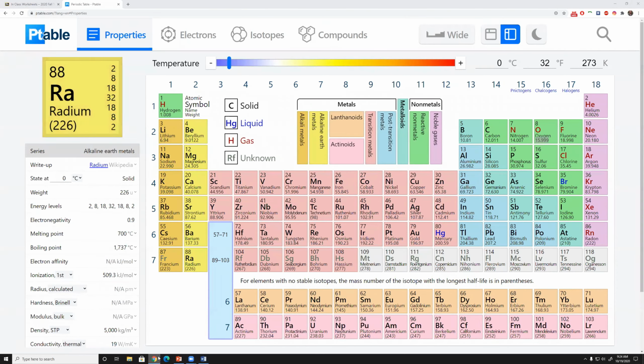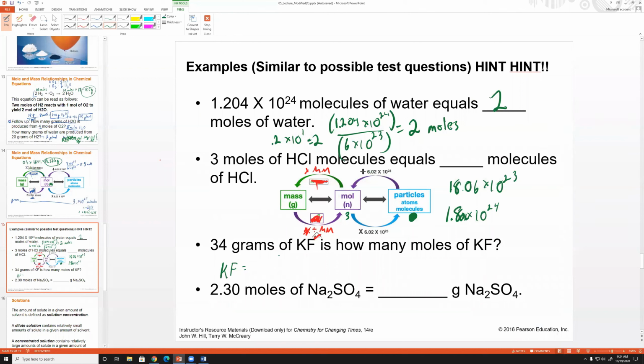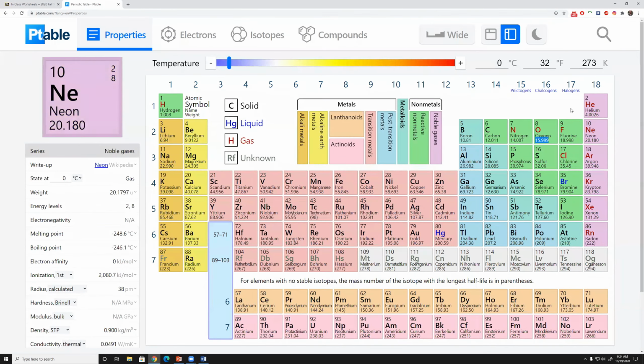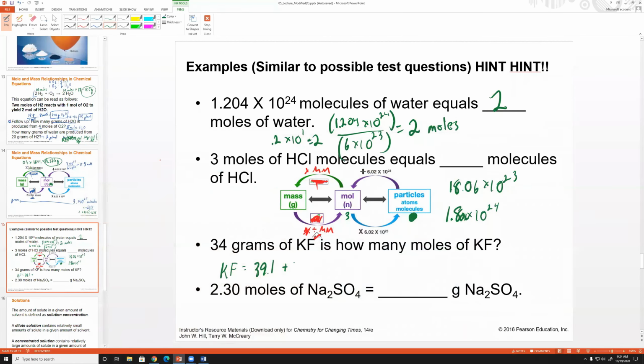That's fine. 39.1 plus the molar mass of fluorine. Fluorine is 18.998 or simply just 19. And this is going to equal 58 grams per mole. So this is how many grams are in 1 mole of KF.